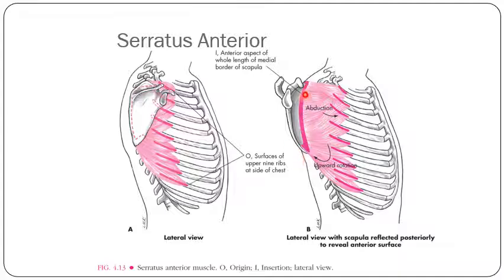So what they're trying to show you here, this is obviously the lateral border here. So they're showing you the medial border of the scapula here. And then you have your motions of abduction of the scapula and upward rotation. So it protracts or abducts the scapula and also performs upward rotation.